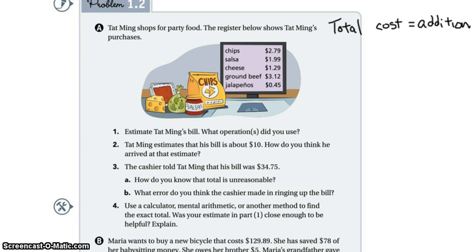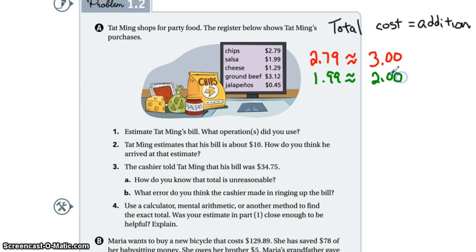In order to do this, we're going to look at each dollar amount. $2.79 is about $3. We're going to round each one to the nearest whole dollar amount. So $2.79 is about $3. $1.99 is 1 penny away from being $2.